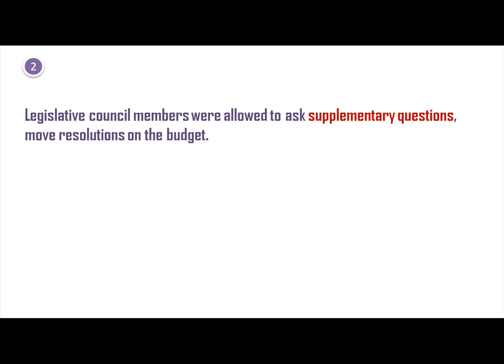But how many questions? Only one question they could put. But during this 1909 Indian Council Act, that is the Morley-Minto reforms, the legislative members were allowed to ask supplementary questions also. Previously, they could ask only one question. Now they can go for a supplementary question.